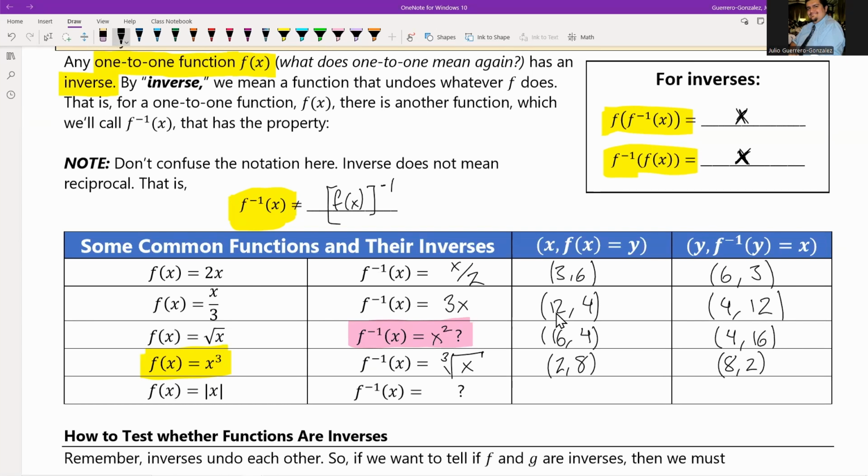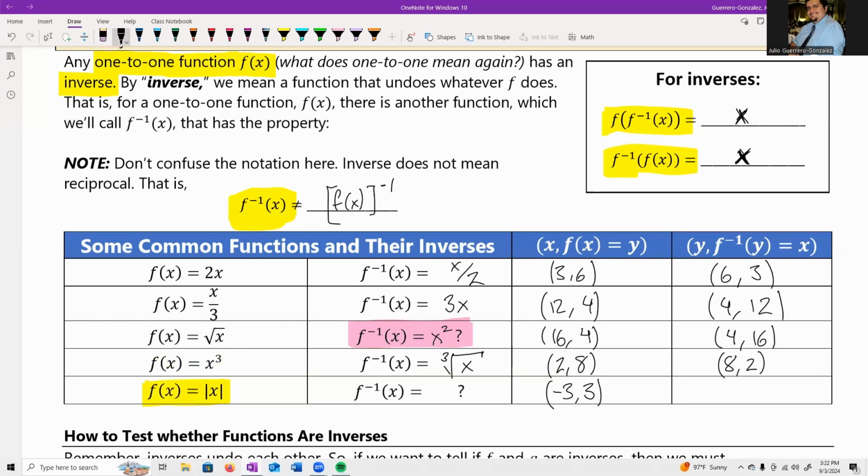Okay, so now, let's go down to the very last one, okay? This one, f of x is equal to the absolute value of x. So if I give this -3, the absolute value is going to spit out 3. Got it? So same thing, I should be able to give it 3, and this thing should be able to spit out -3, the opposite of these, right?